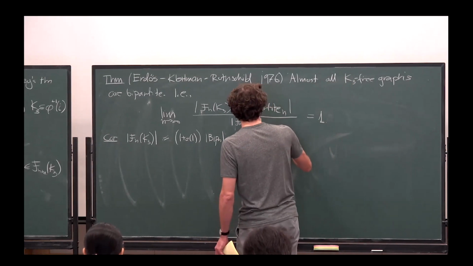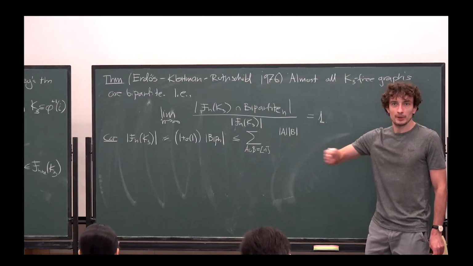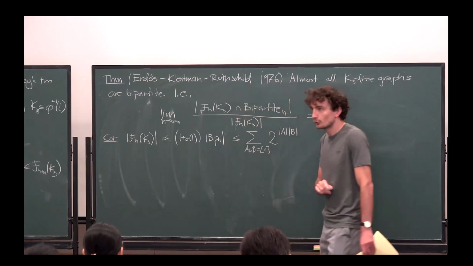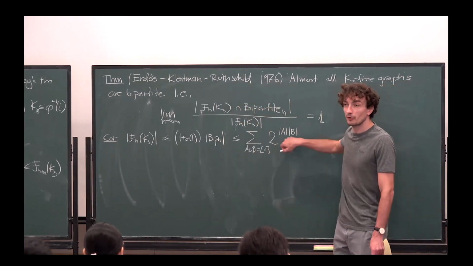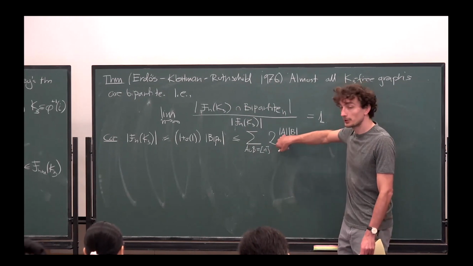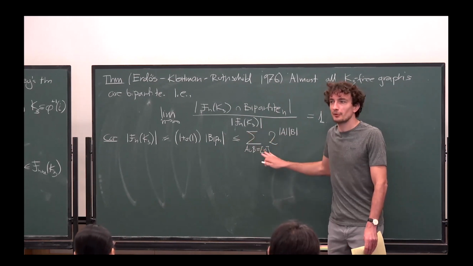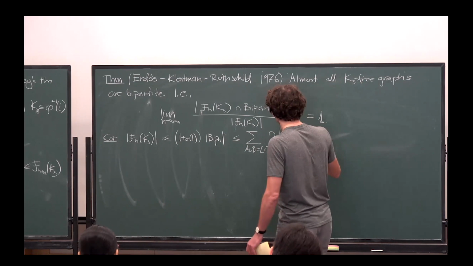Well, there's |A| times |B| possible edges to include or not include, and we can either include or not include any of them. So this is exactly the number of bipartite graphs with the bipartition A and B, and we are overcounting some of the graphs, but it's actually not too bad.